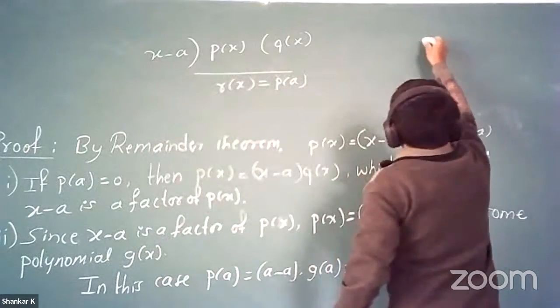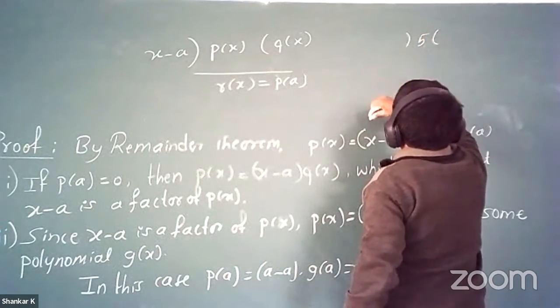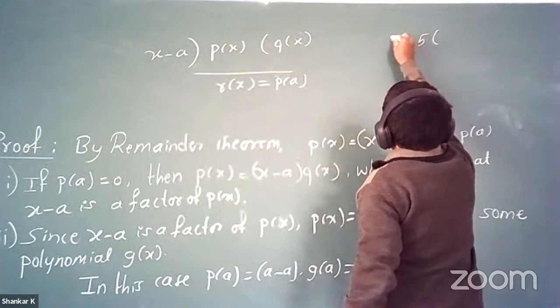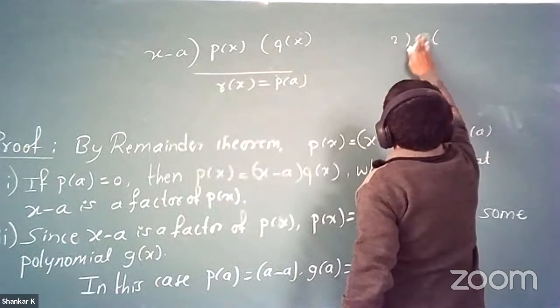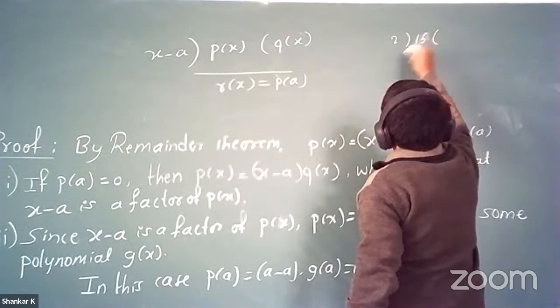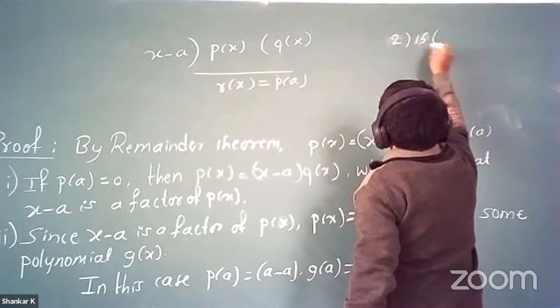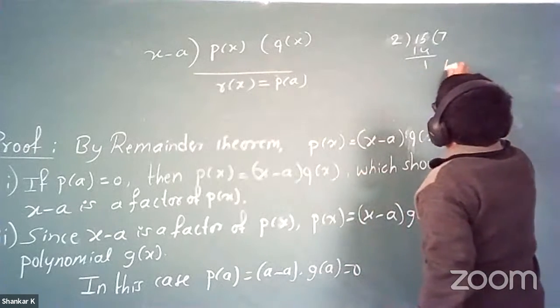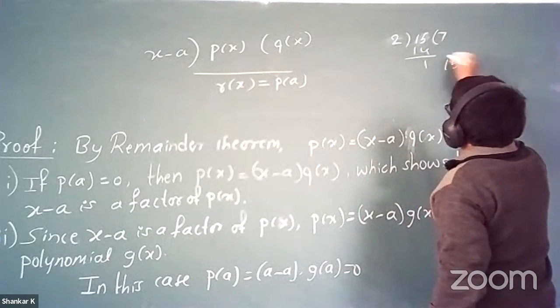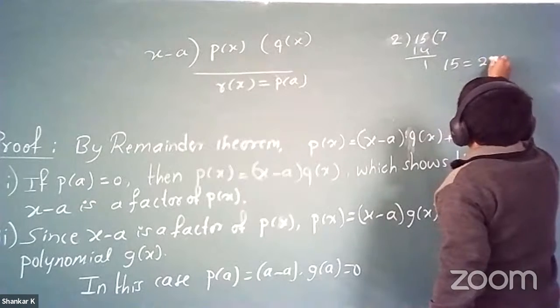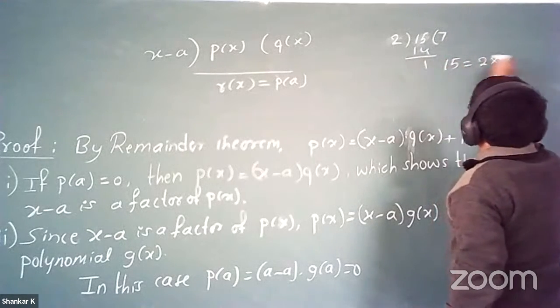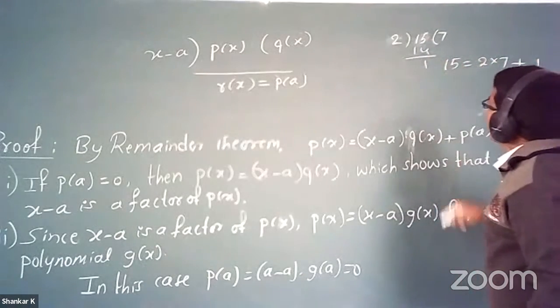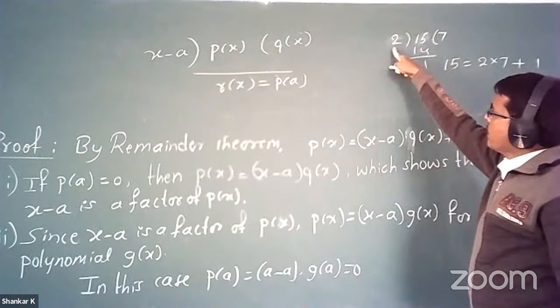Say, for example, 15 divided by 2, what happens? 2 7s are 14, and 1 is the remainder. How will you write? You will write 15 equal to 2 into 7 plus 1. What is 2 here? 2 is the divisor.